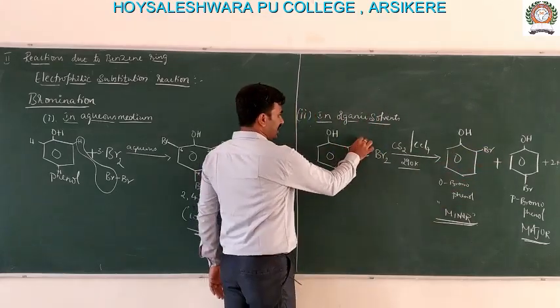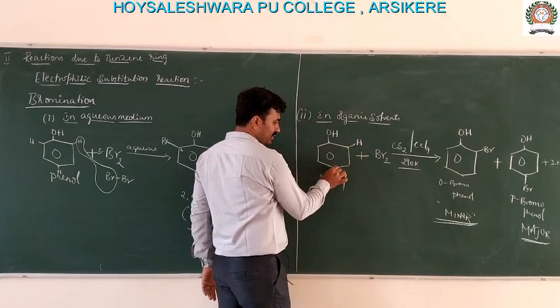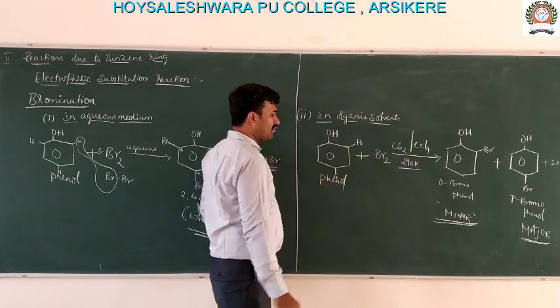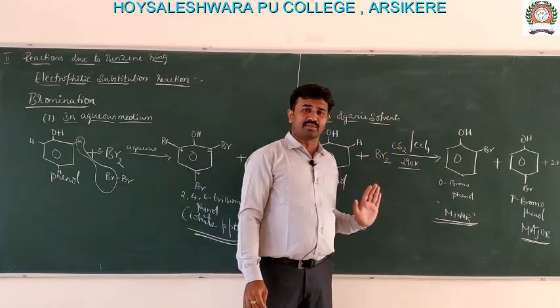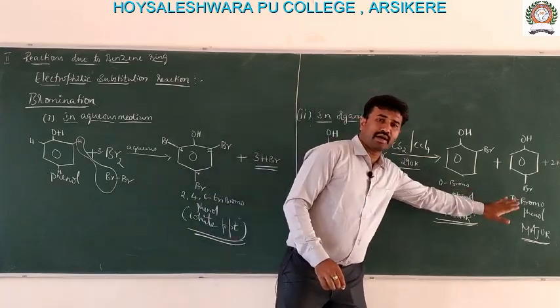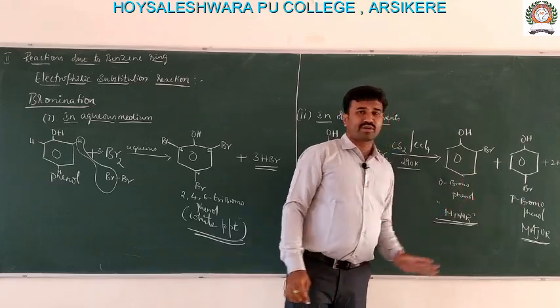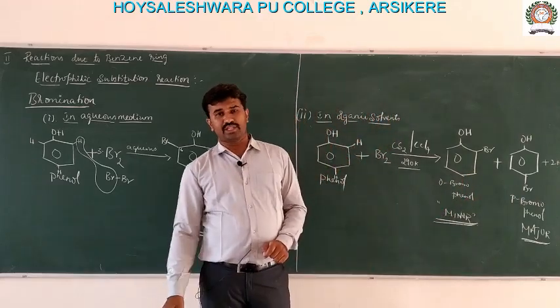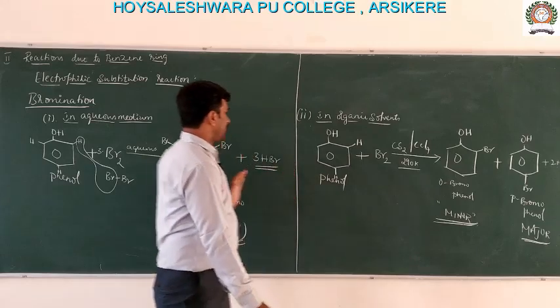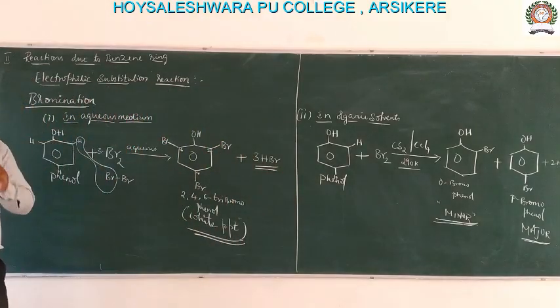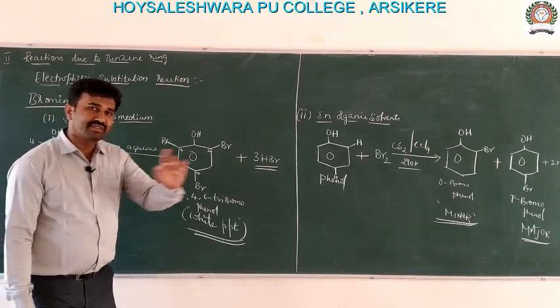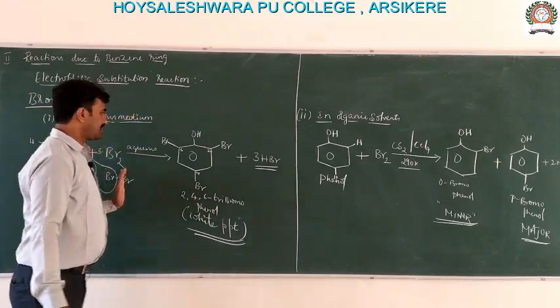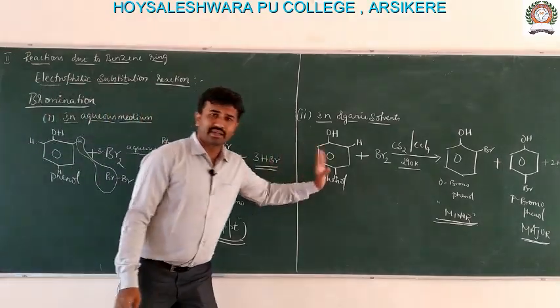The hydrogen atom at the second position and the hydrogen atom at the fourth position are replaced by the electrophile bromo to form ortho and para products. Among these two products, para will be the major one.